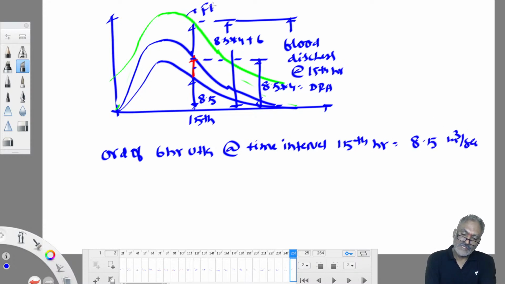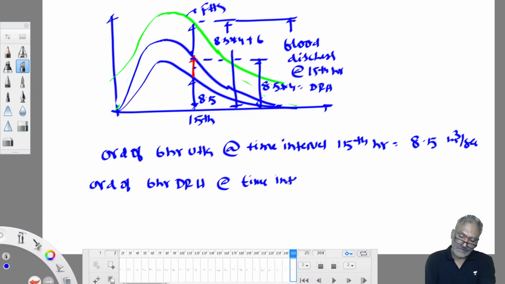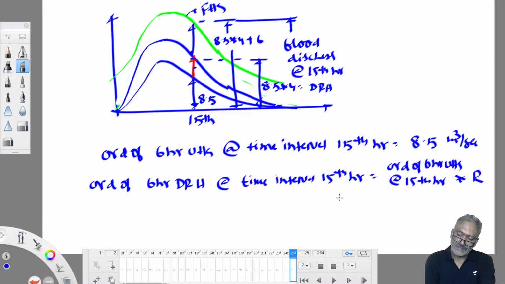The ordinate of the 6-hour direct runoff hydrograph at the 15th hour is the unit hydrograph ordinate into R. So 8.5 into 4, how much is it?